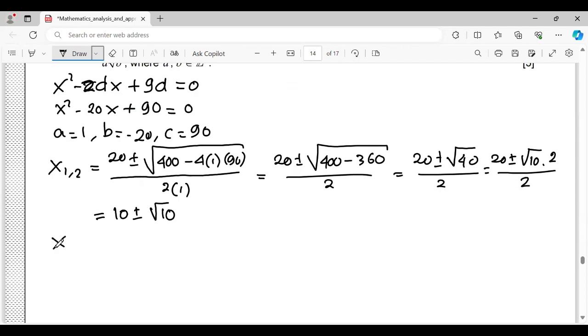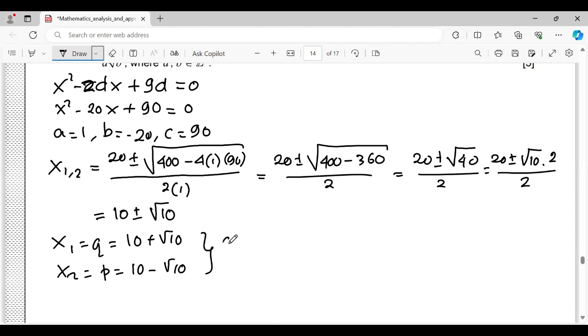So it means x1 or q equals 10 plus square root 10, and x2 equals p equals 10 minus square root 10.